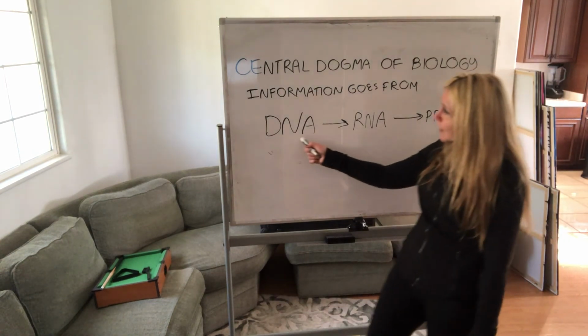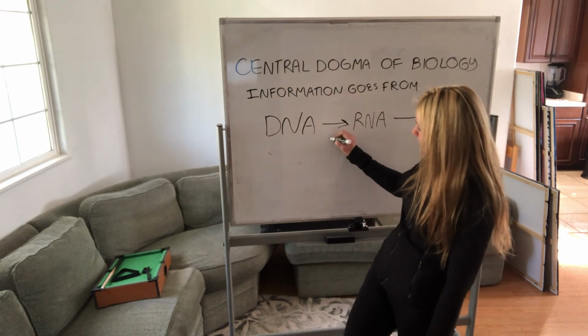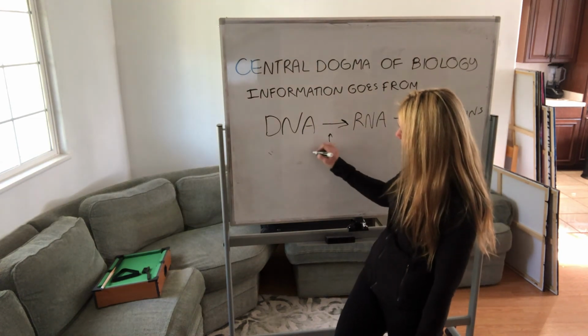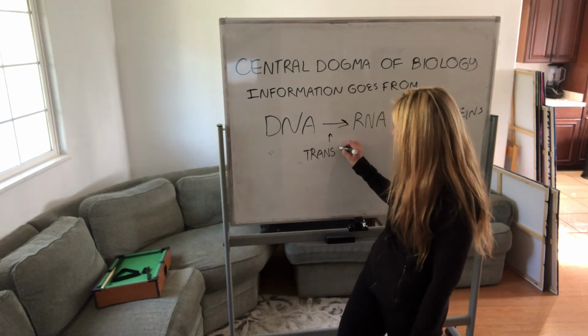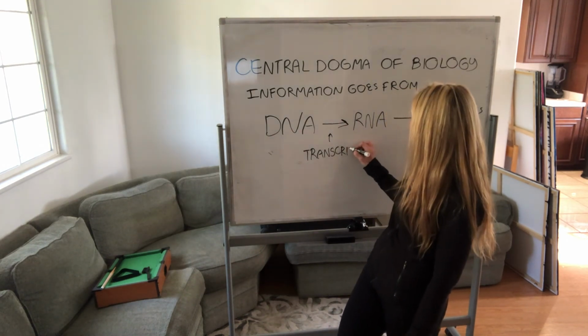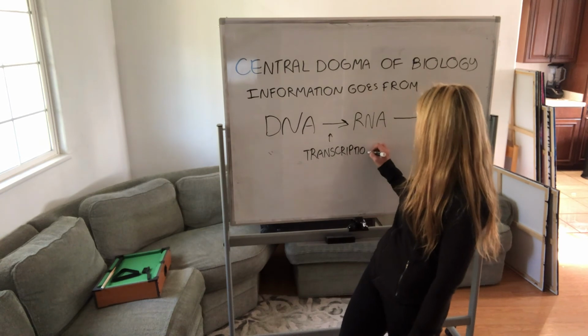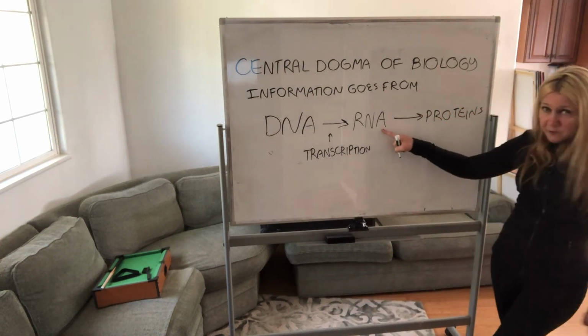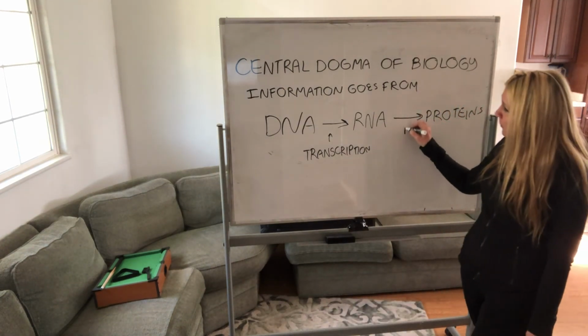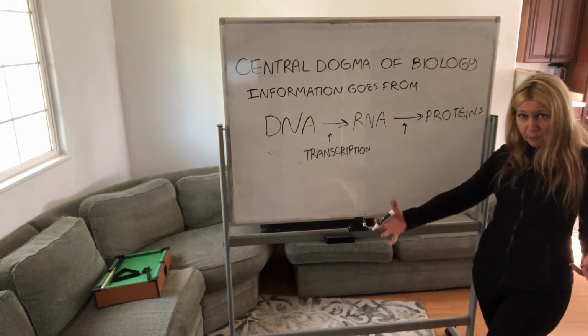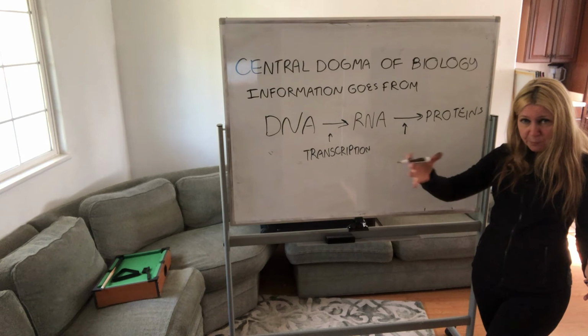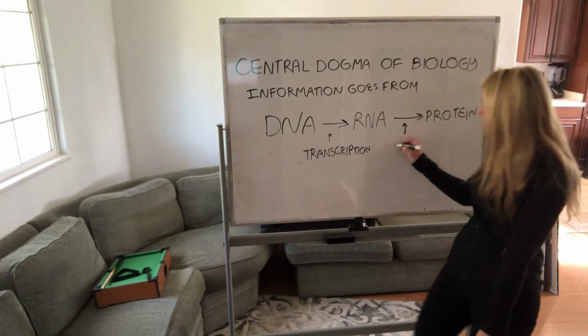Okay, so the process from DNA to RNA is called transcription. Going from RNA to protein, remember, in this case we're going from one language to another language, from genetic code language to protein language. So this is translation.